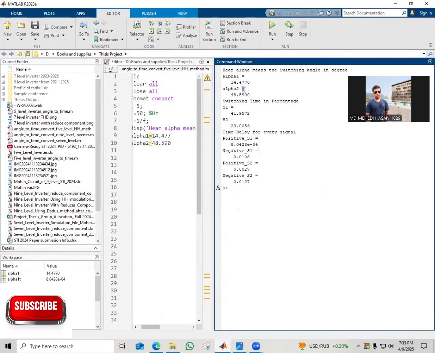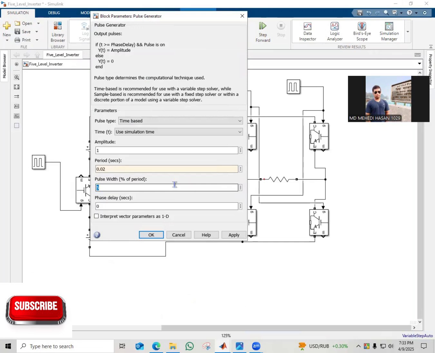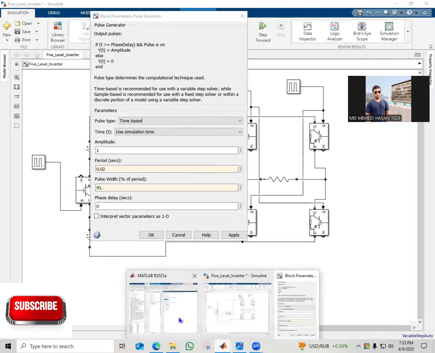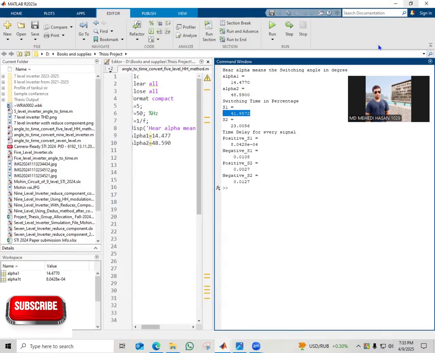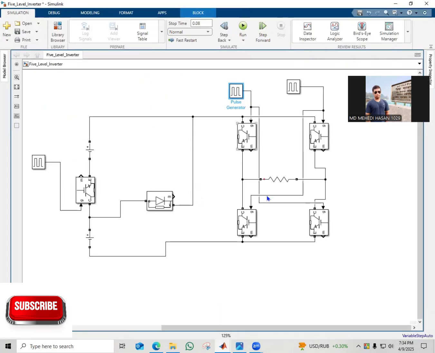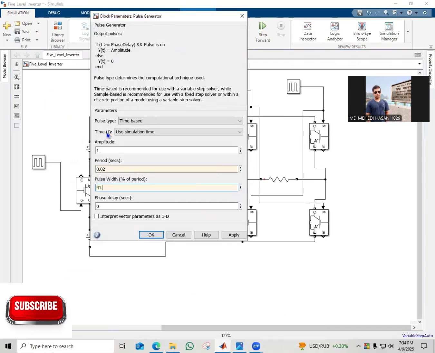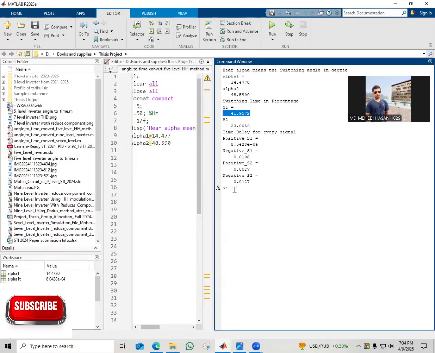We know that S1 will be activated for 41.9572%, which is mentioned here. 41.9572, and the phase delay will start from this part.